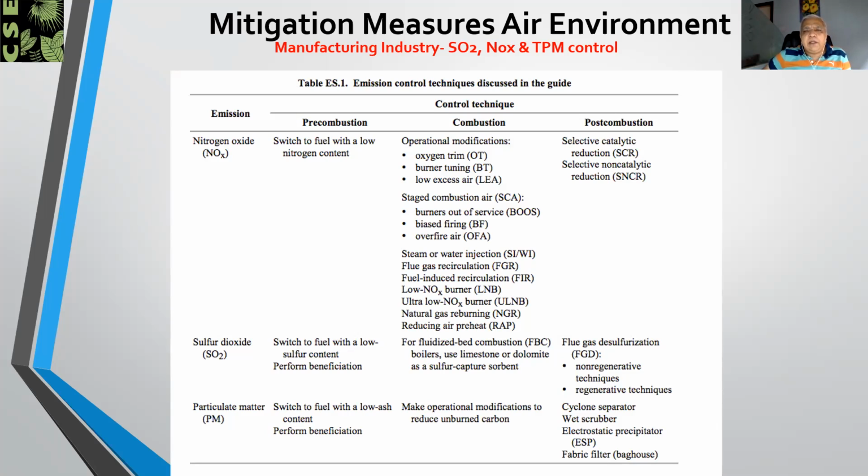And in the end of pipe treatment, that is after the flue gases are released by the combustion, we can go in for technologies like flue gas desulfurization, which is very widely used in thermal power plants. It is a very costly technology, but if you have not controlled the sulfur content in the fuel itself, or are not able to control it through other techniques, then the only technique which is remaining is the treatment of the off gases which are released.